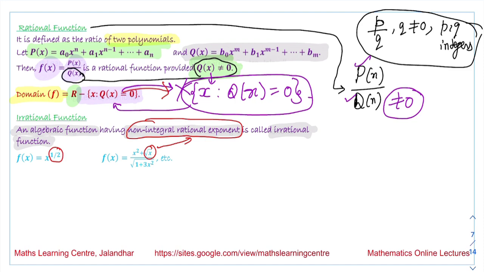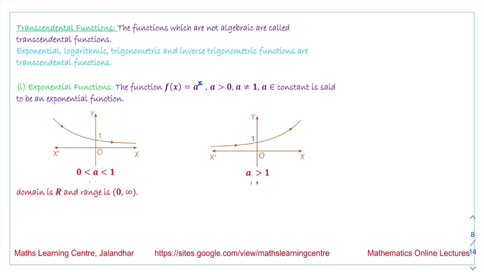These kinds of functions are called irrational functions. So these are some of the examples of algebraic functions.